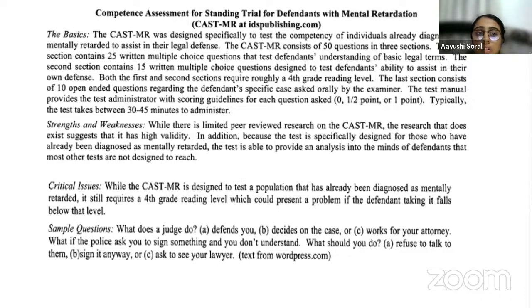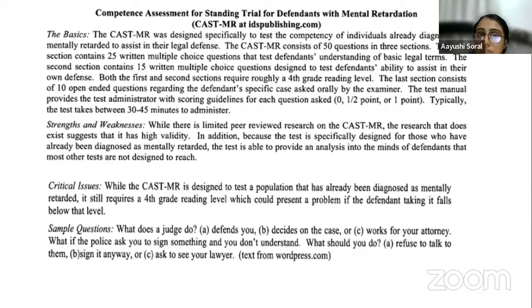It was used to help provide them with legal defenses, because we are all aware that there are certain legal defenses provided to those who are not mentally fit or mentally sound. On that ground, this is one of the tools. CAST MR consists of 50 questions divided into 3 sections.